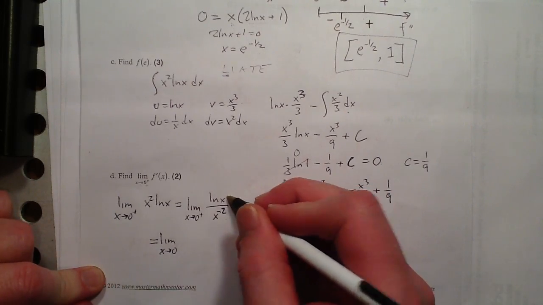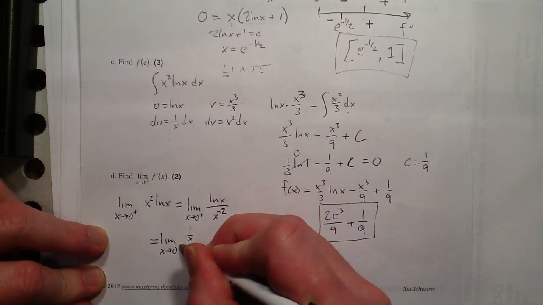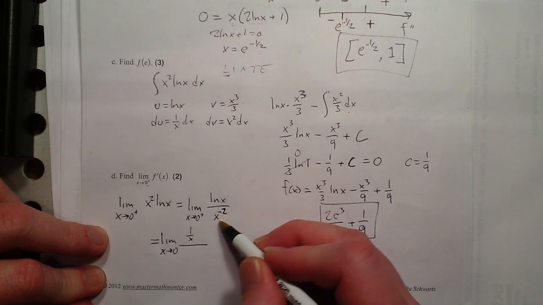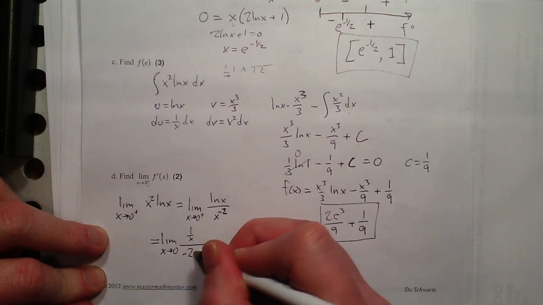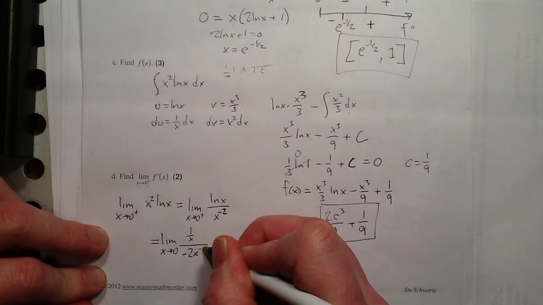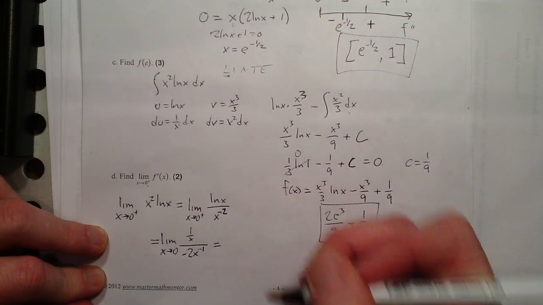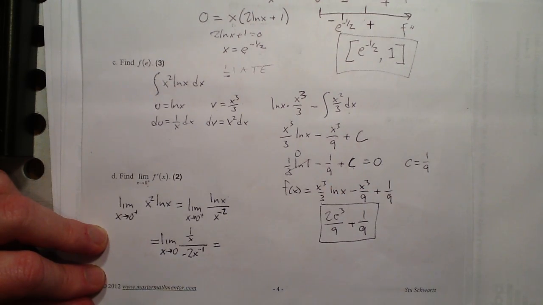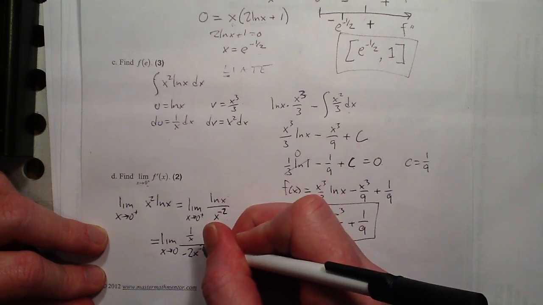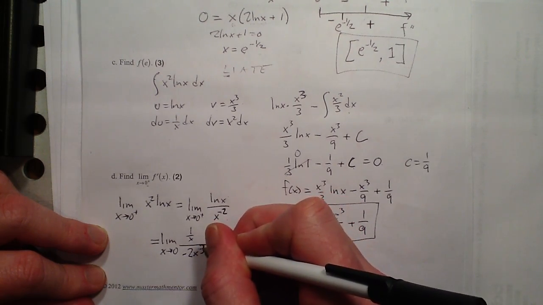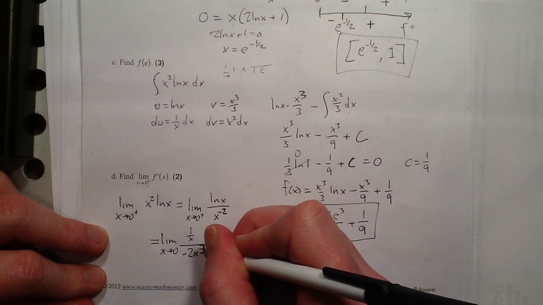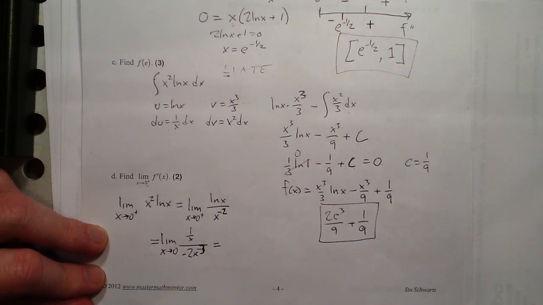The derivative of natural log x is 1 over x. The derivative of x to the negative 2 is negative 2x to the negative 3. Sorry about that, drop the exponent by 1.